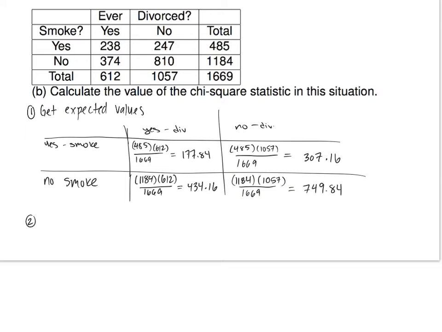All right, the chi-squared is the sum of observed minus expected squared over expected. So 238 minus 177.84 squared, all over 177.84, right?